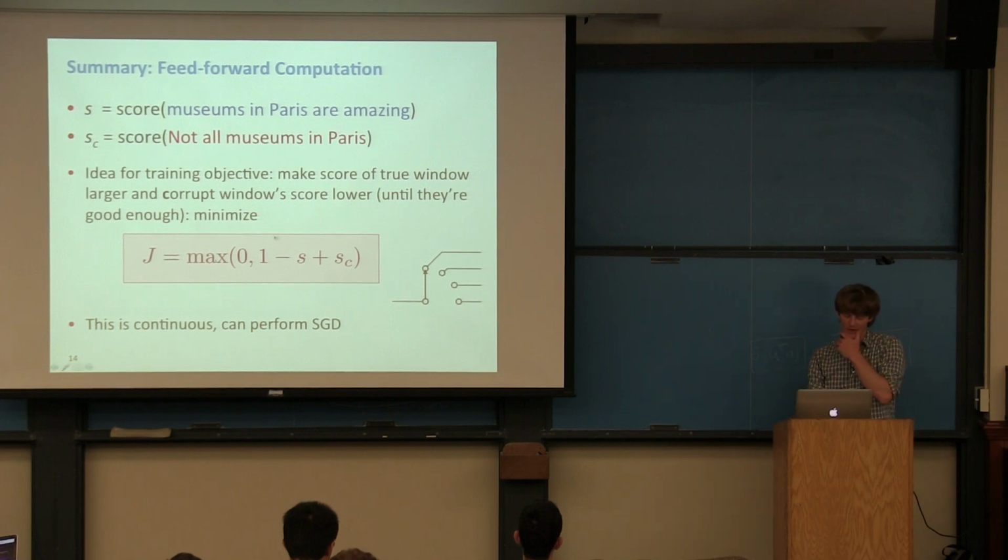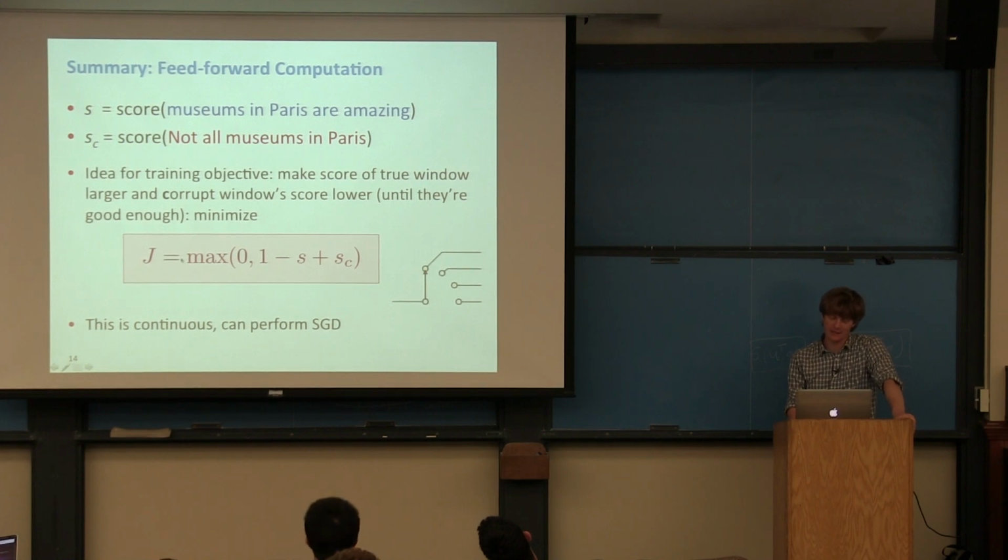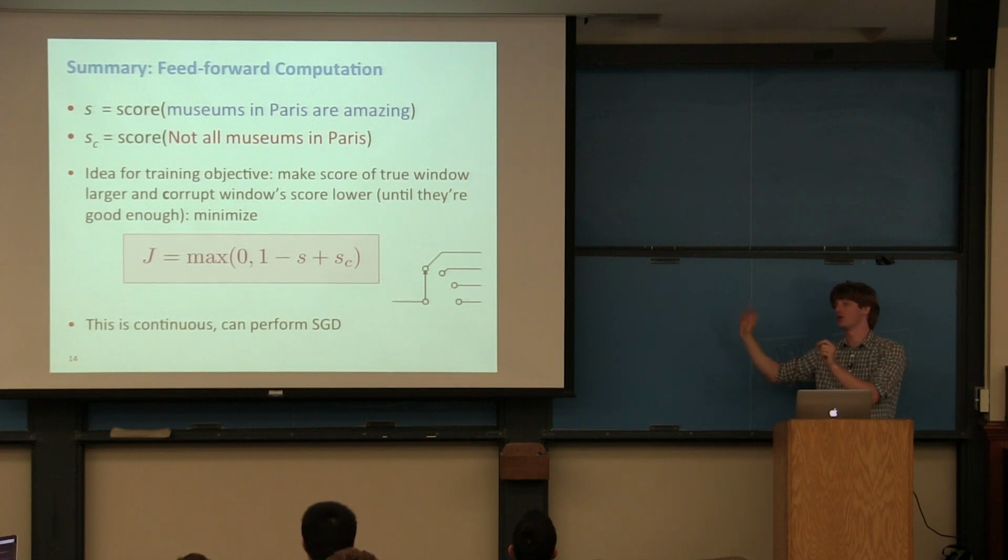Just as with the word vectors, in the word vector case we had one correct pair of two words that actually appear in a context, and then a bunch of pairs that don't appear in the right context. It's very similar here, with the difference that in named entity recognition you only have a small set of correct windows, whereas in the word vector case you have an infinite number of correct windows as well as incorrect windows.